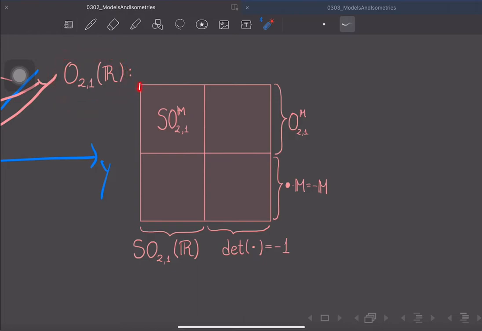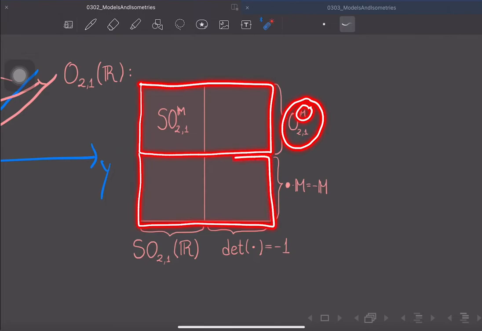Right? And then the picture for the Lorentz group is this one. Here's the whole Lorentz group. In it, I have the subgroup, the orthochronous Lorentz group, which is those that preserve M. Then there is this other part, which is those elements that exchange the two sheets of the hyperboloid.